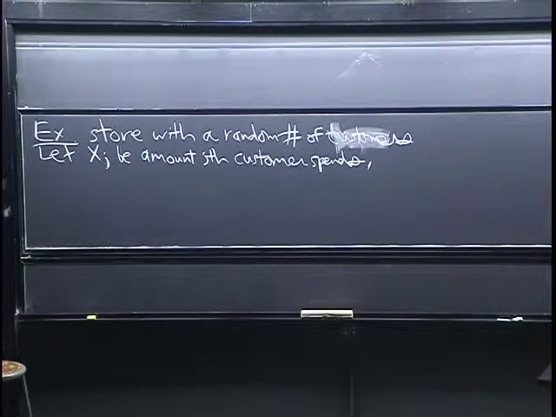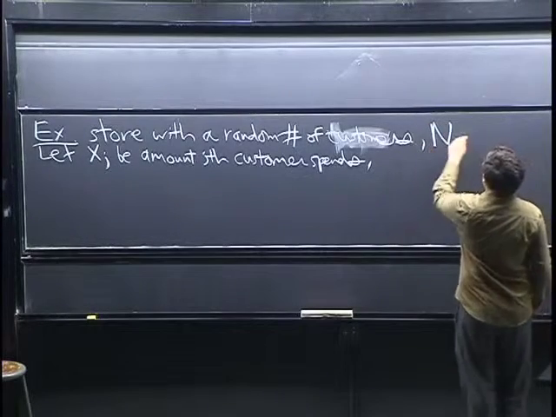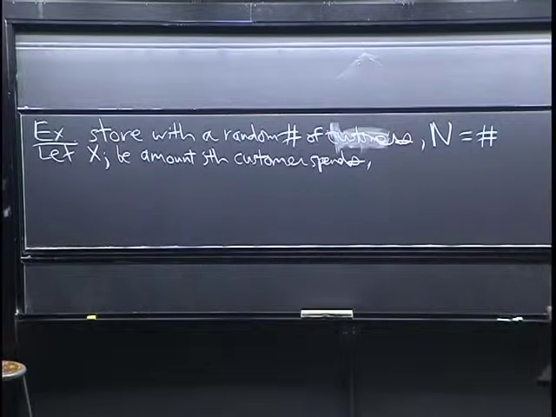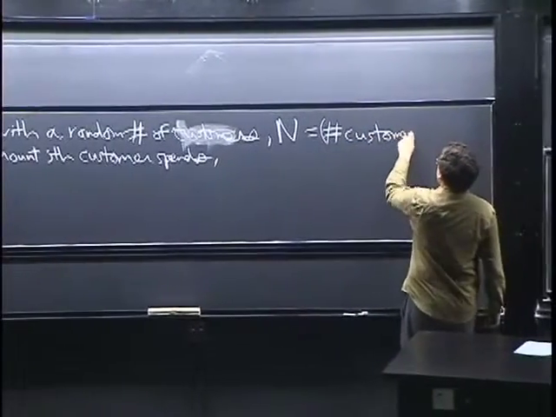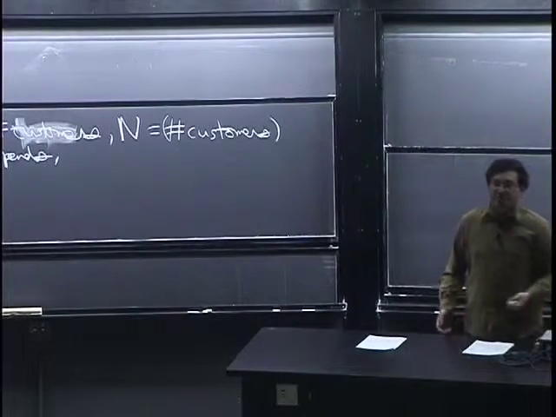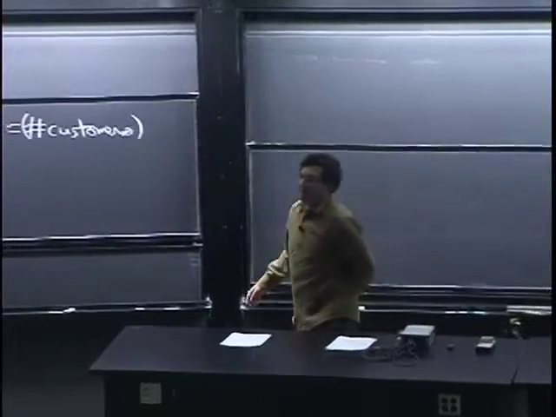Okay, so random number of customers, and let's say n equals number of customers, in a day or in a week or in some time period. So capital N, because it's a random variable, that's the number of customers. So maybe it's Poisson would be reasonable. If you had to guess a distribution, you might use a Poisson, but I don't need to specify the distribution right now.